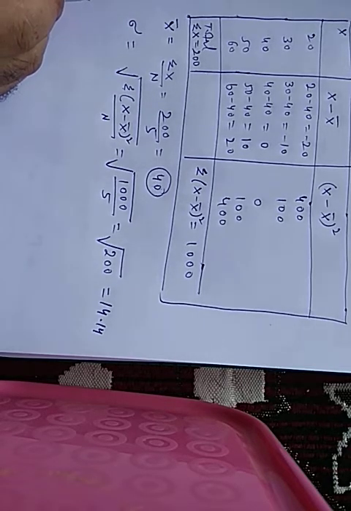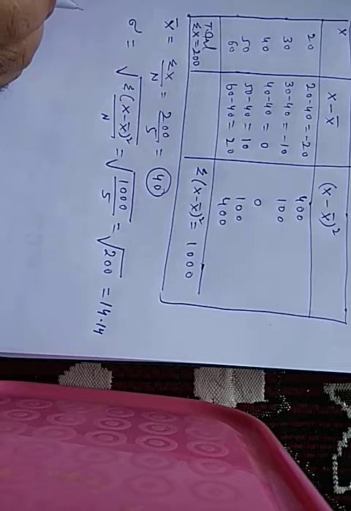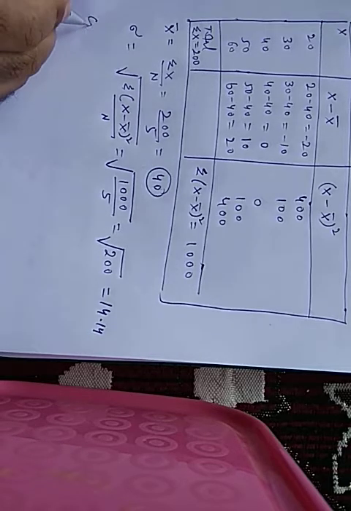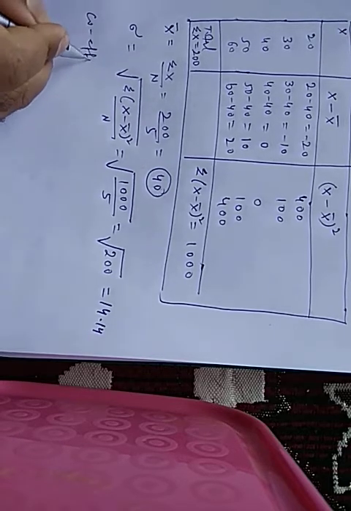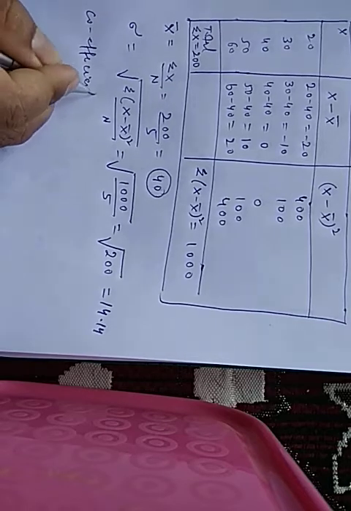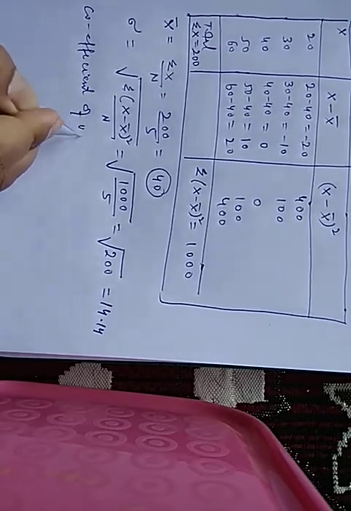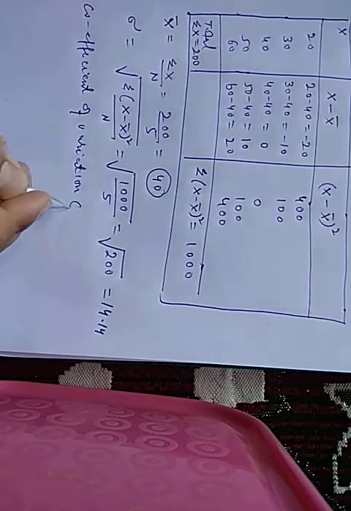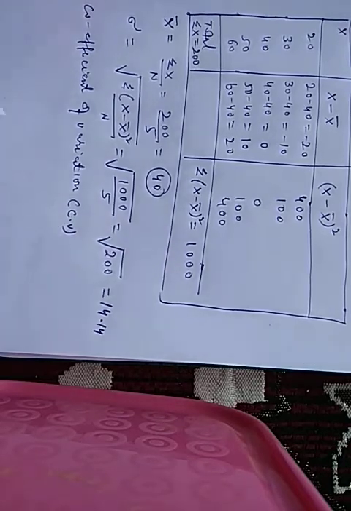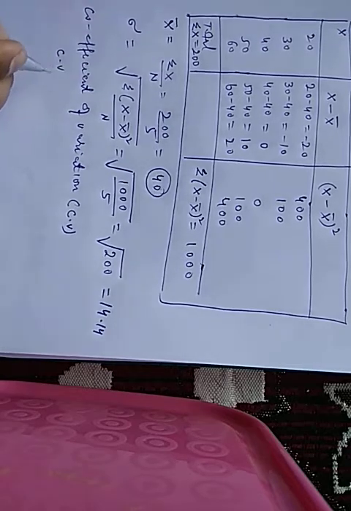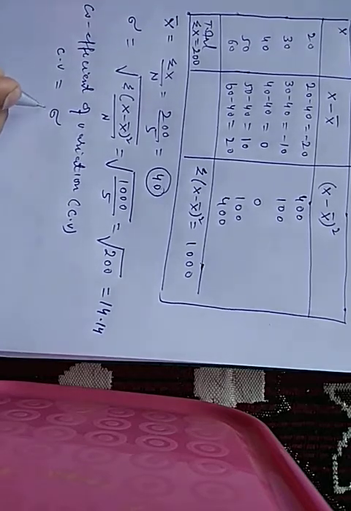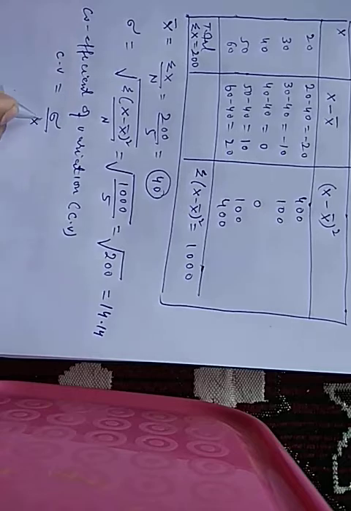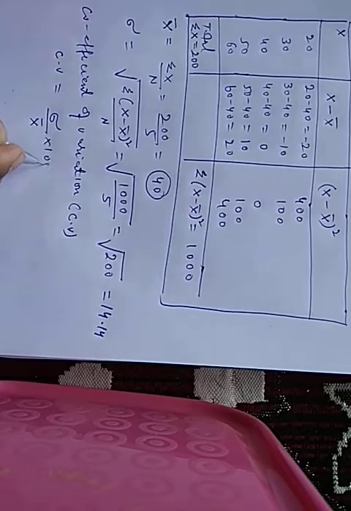Now we will calculate the value of coefficient of variation. CV, coefficient of variation, is equal to the value of standard deviation divided by the value of mean multiplied by 100.